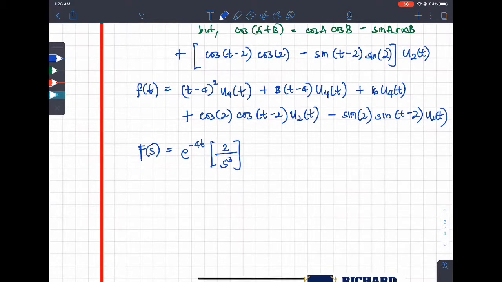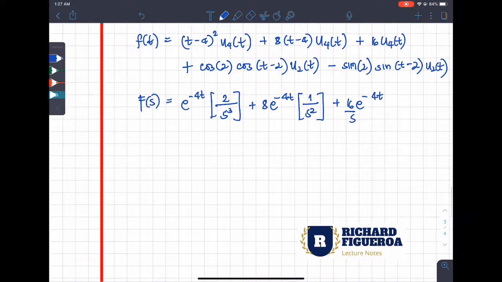Then plus 8 e raised to negative 4s, the Laplace transform of t, which would just be 1 over s squared. Then lastly, plus 16 e raised to negative 4s, and 16 should be 16 all over s.